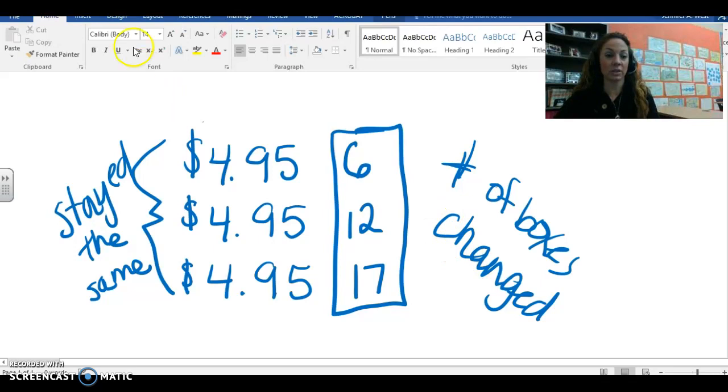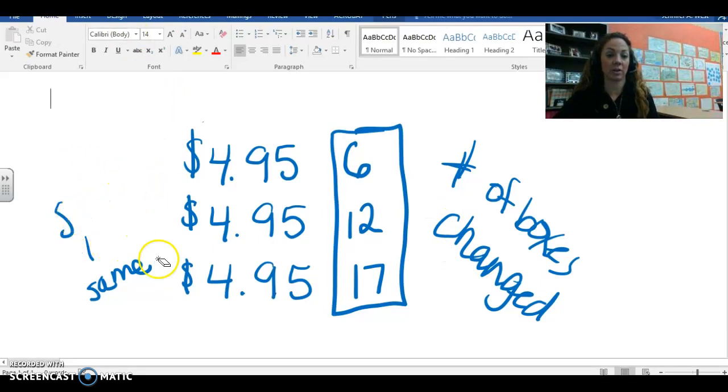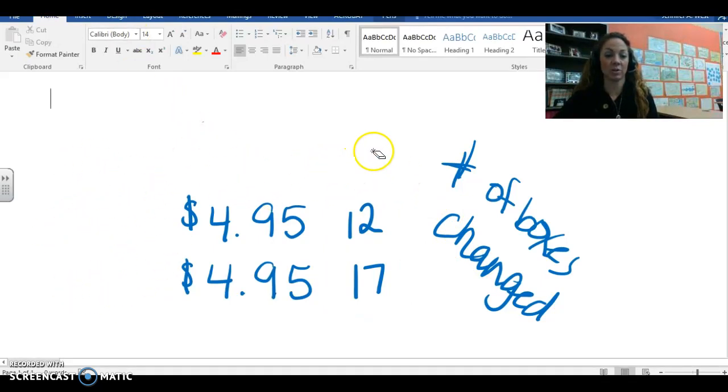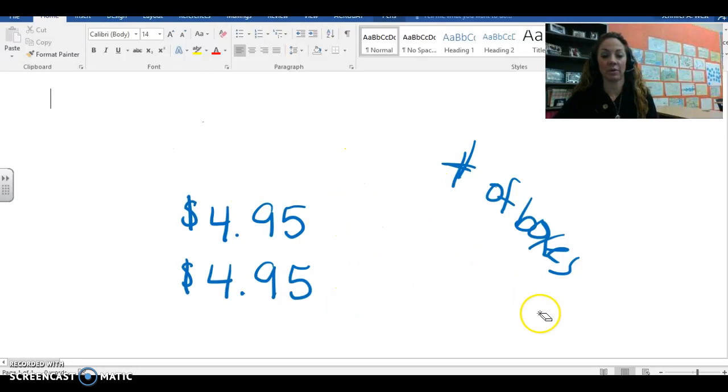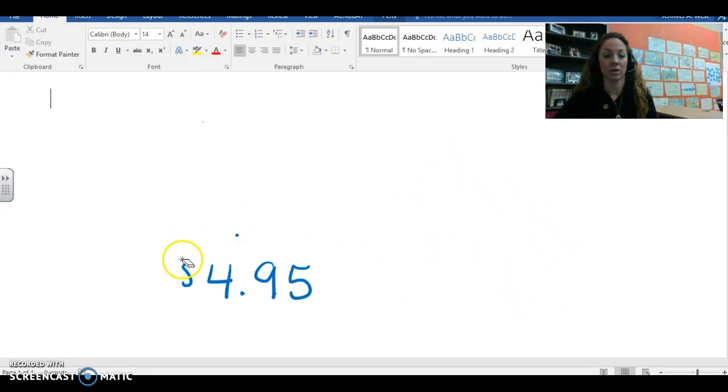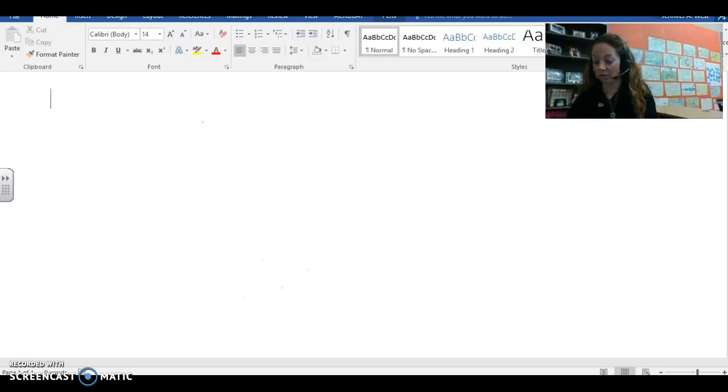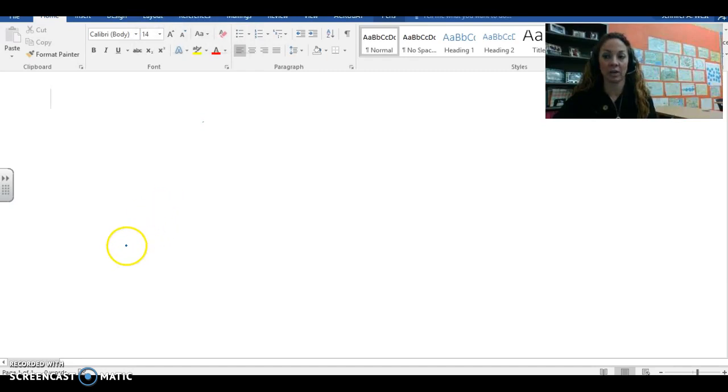So let's try to use some of this information that we have here in an algebraic expression. You guys are finally going to get to find out what the heck an algebraic expression really is. So let's clean up our space here a bit. Make sure you're getting all of this in your notes. There's two things you have to do when you solve an algebraic expression. The first thing you have to do is select a variable. You have to decide how you're going to label the changing quantity.